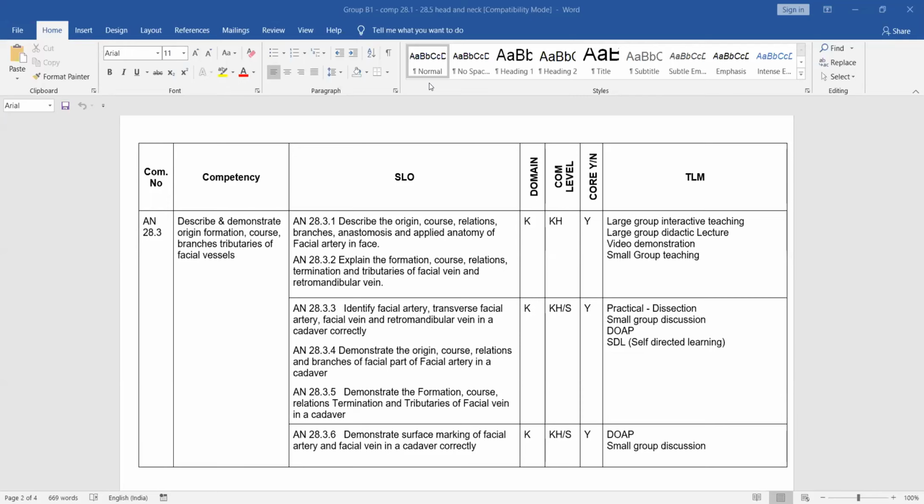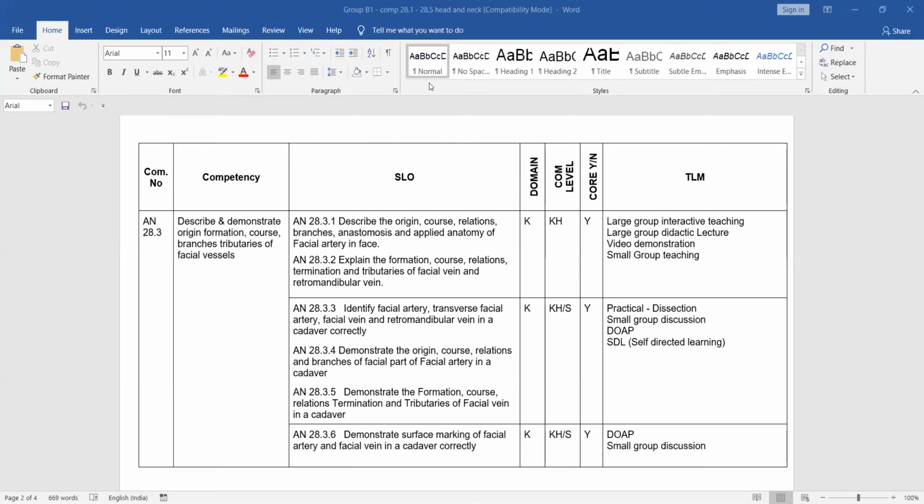For example, SLO 28.3.1 talks about origin, course, relations, etc., and finally applied anatomy of facial artery in the face. When we write such an SLO, describe applied anatomy of a particular structure, it still may not be unequivocal. When we say applied anatomy, there are a lot of things that can be there.